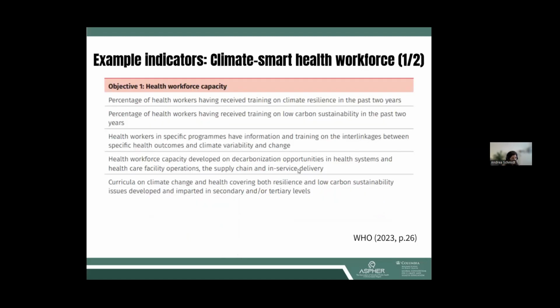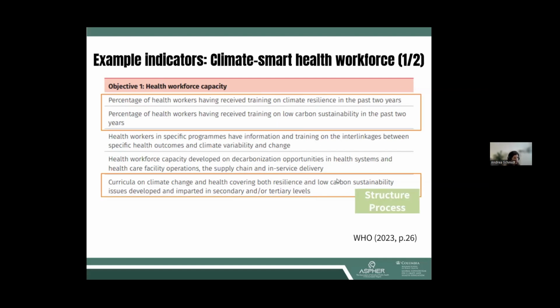Now let's look at one example indicator from the WHO in the domain of health workforce capacity. I'm highlighting here two that you've already mentioned, and these are mainly structure or process indicators. Often when we talk about it, we talk about percentages of health workers that receive training, but also curricular changes.